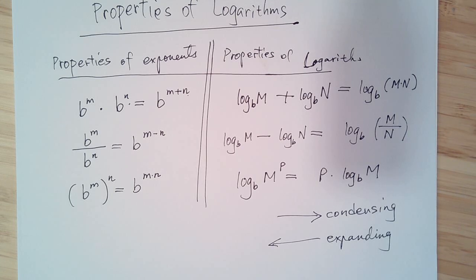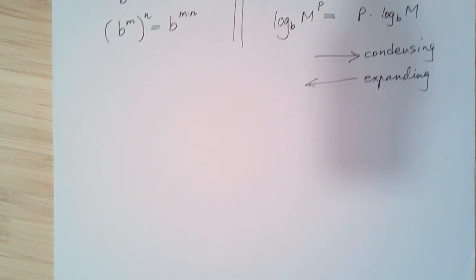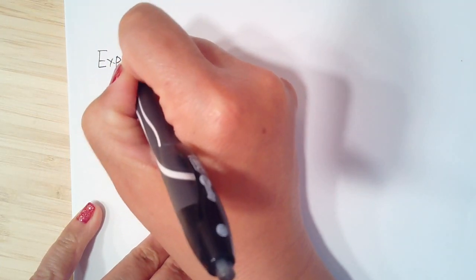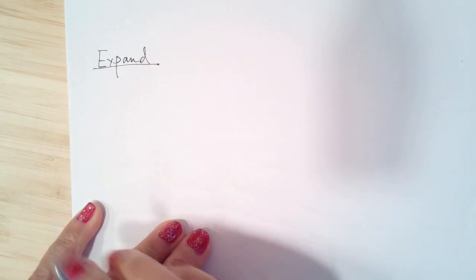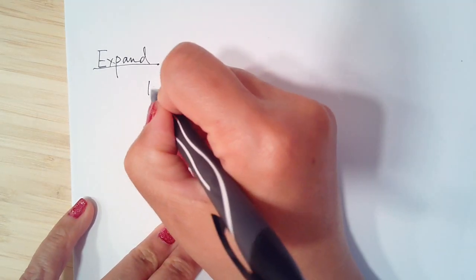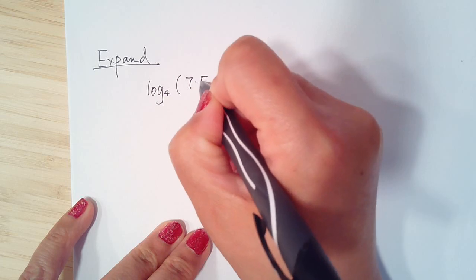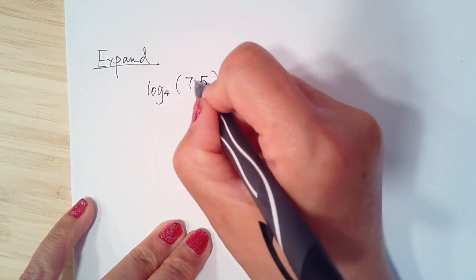It is hard. I don't know how much you can remember, but anyway, you can take a note before you go to my next page. On my next page, expand the following. The first one, log base 4 of 7 times 5. Here's a multiplication.